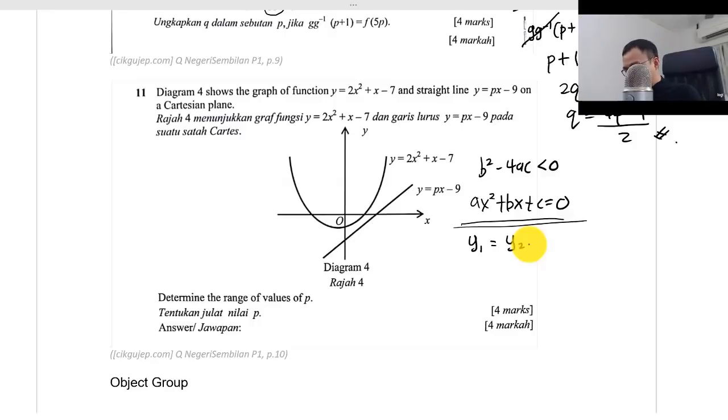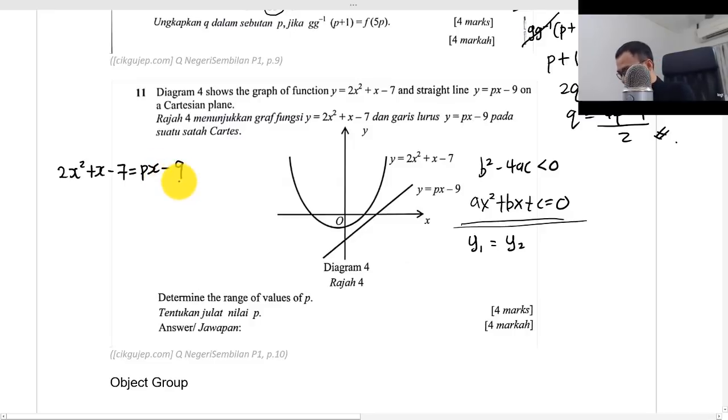So what I will do is sub the equation of the curve into the equation of the straight line. So I write 2x squared plus x minus 7 equals px minus 9. In order to get the general equation, I must make it equal to 0.